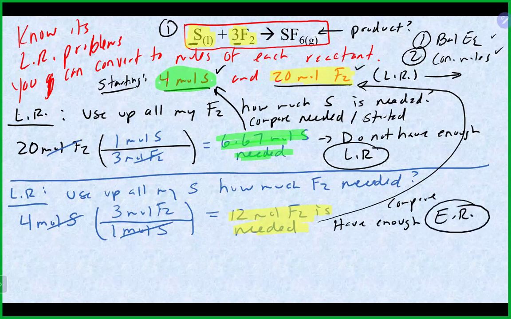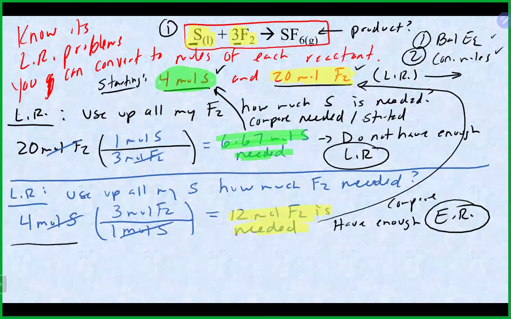So you do not actually have to do both calculations in a lot of cases. You could just do one. You can choose whichever one you want to do. They both will tell you the same thing, which one's the excess and which one's the limiting. So again, if you figure out which one's the excess, the other guy's got to be the limiting. If you figure out which one's the limiting, the other one has to be the excess. Any questions on that there?